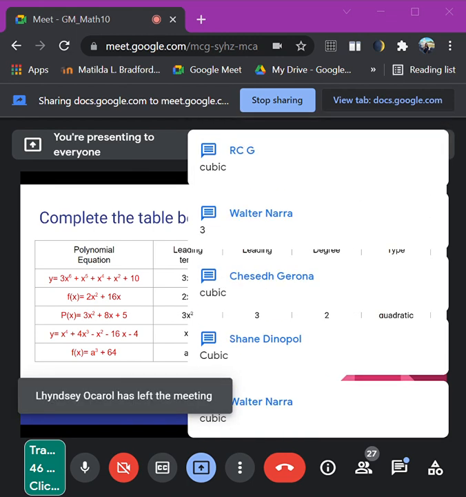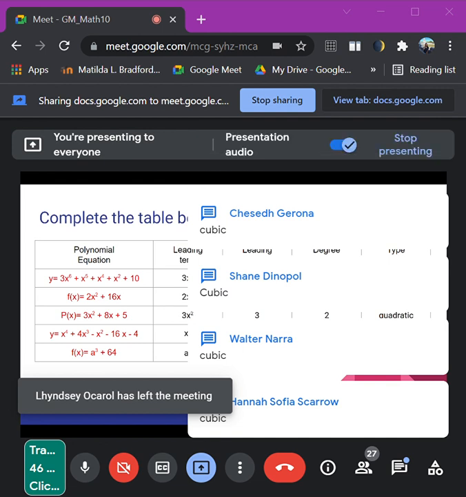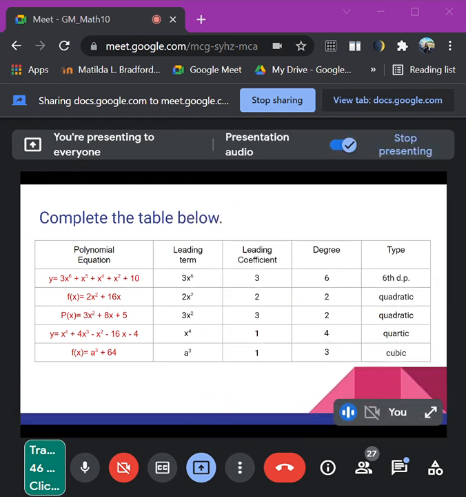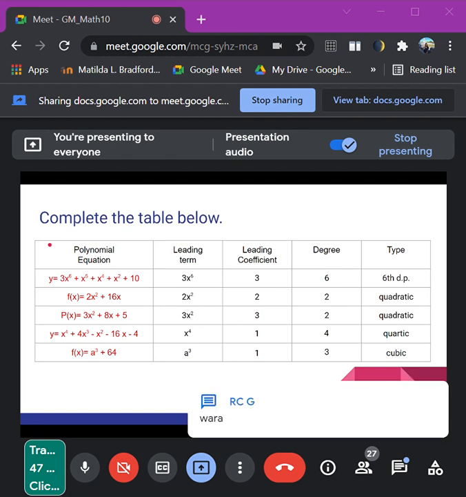So we're already done with completing the table in which we find our leading term, leading coefficient, degree, and type. Right, class, it's the same as the polynomial function. Actually, I didn't change anything here. It is a function supposedly. Okay, questions? Clarifications? None. Very good.